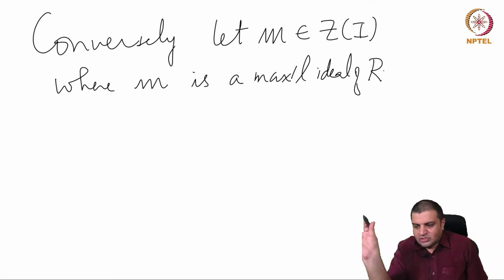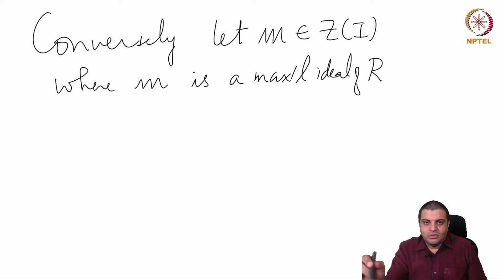At this point we do not distinguish between the collection of maximal ideals of R and the set of points in K^n. So it is an abuse of notation, but we will still do it.